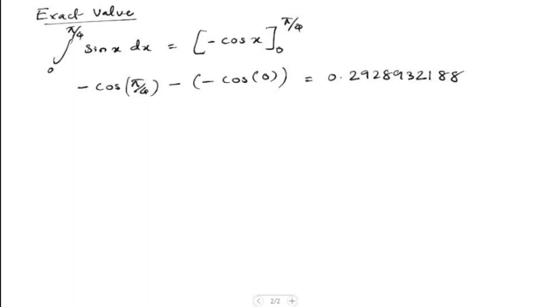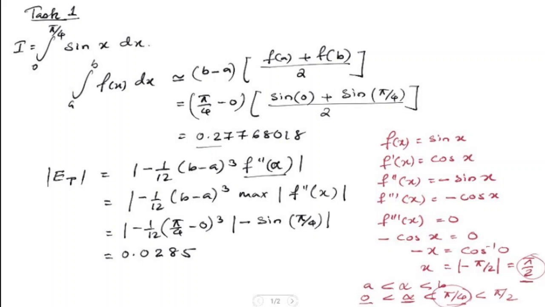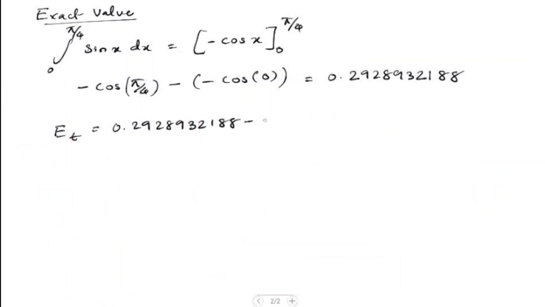Now that's the exact value of this integral, so we can find the true error, which is 0.2928932188 minus the approximated value that we received, 0.2776818. So this is equal to 0.0152130881.